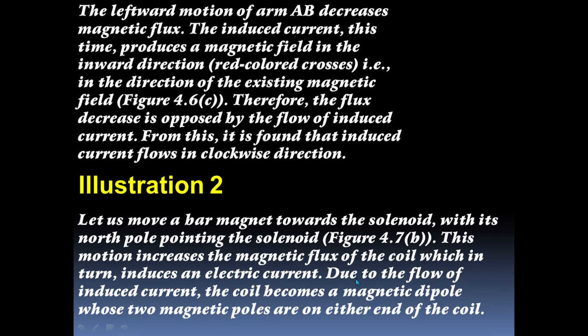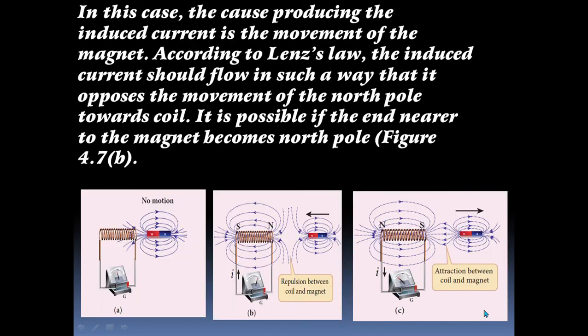Due to the flow of induced current, the coil becomes a magnetic dipole whose two magnetic poles are on either end of the coil. In this case, the cause producing the induced current is the movement of the magnet. According to Lenz's law, the induced current should flow in such a way that it opposes the movement of the north pole towards the coil.